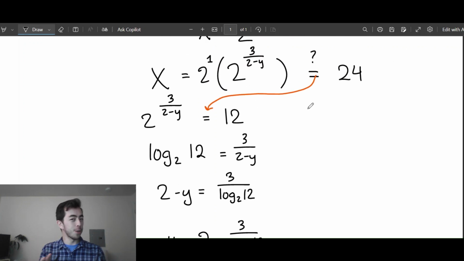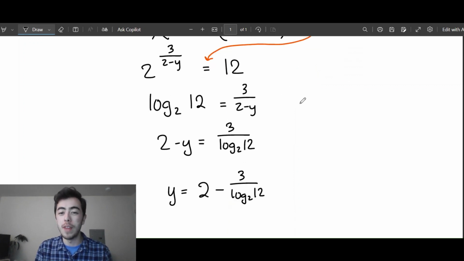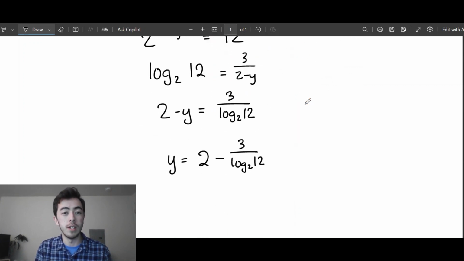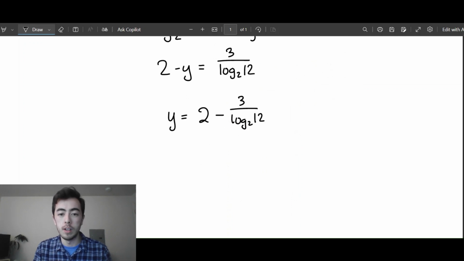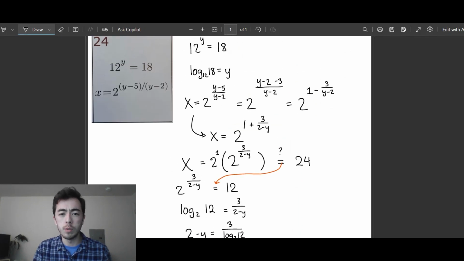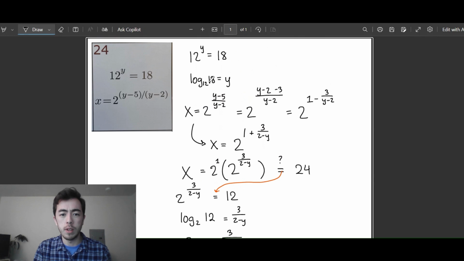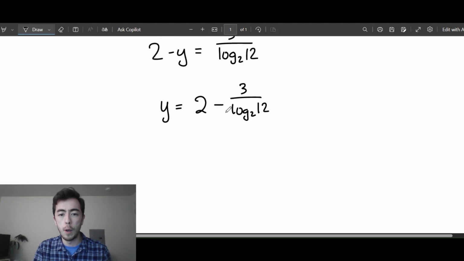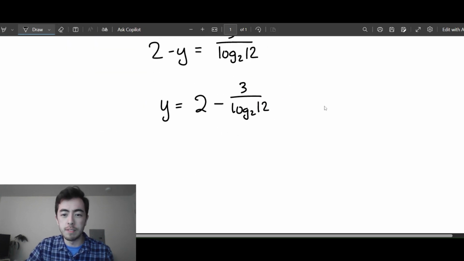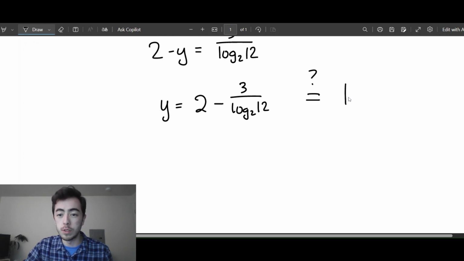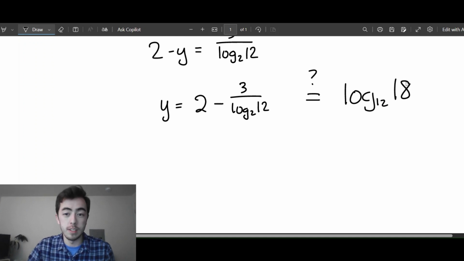I'm not quite sure, right? I don't really know that y is equal to this, but that's what this assumption is creating. We also know, though, that y is equal to log base 12 of 18. And so if this is actually equal to log base 12 of 18, then everything is consistent.